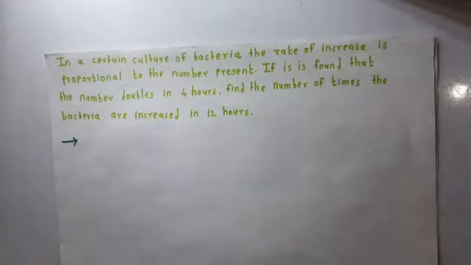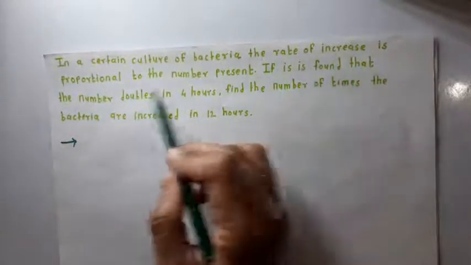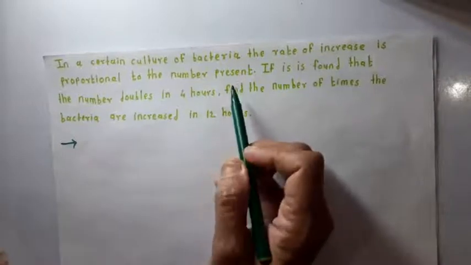This is the problem regarding population, that is the growth of bacteria, means the problem related to the first application, that is population and growth. So in a culture of bacteria, the increasing rate of bacteria is given, and the increasing rate is proportional to the number present.